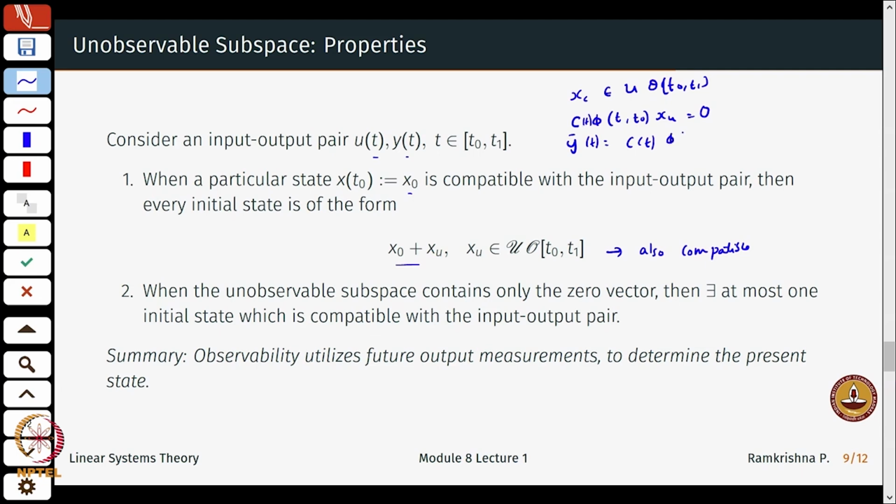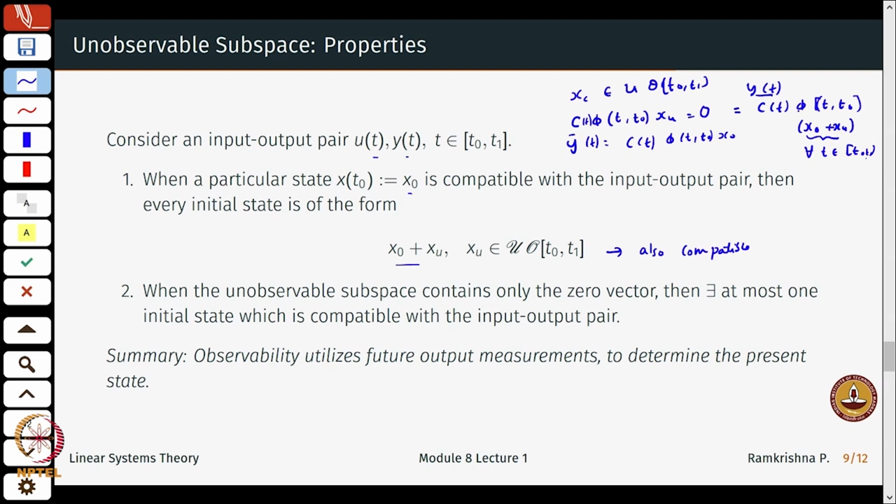Then if I add these two, what I have is that y of t is equal to C of t phi of t comma t0 times x naught plus x_u. This is for all t in t0 to t1. So this is also compatible, via this C and phi.